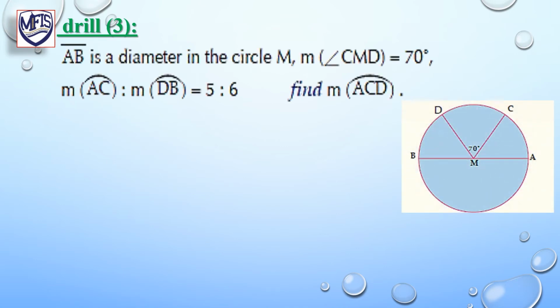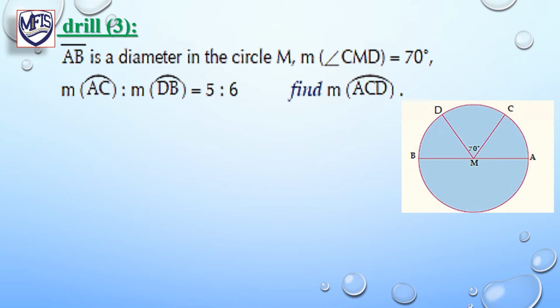AB is the diameter of circle M and measure angle CMD equals 70, and the ratio between measure arc AC and measure arc DB equals 5 to 6.